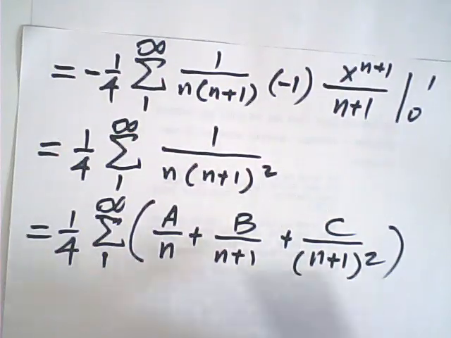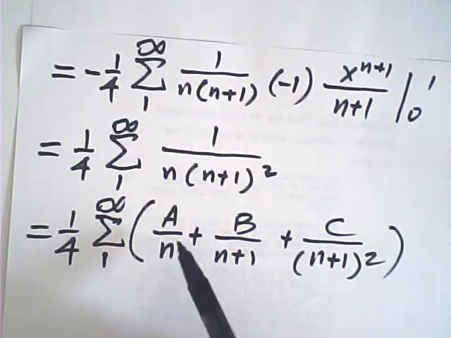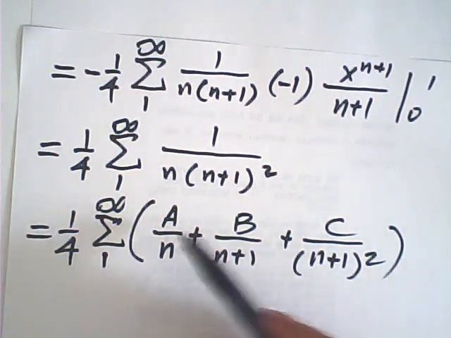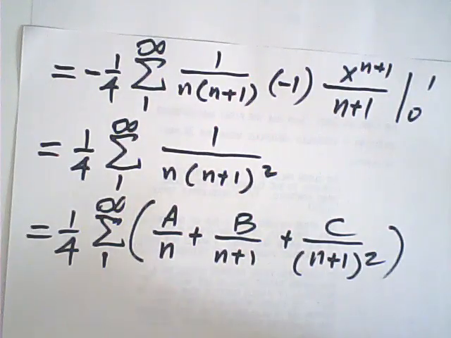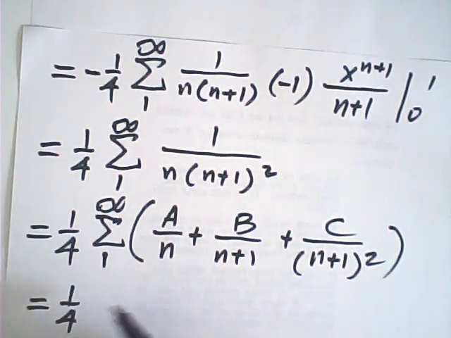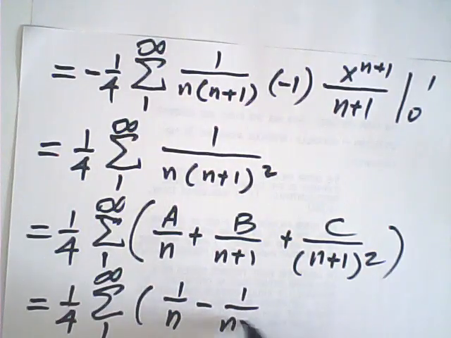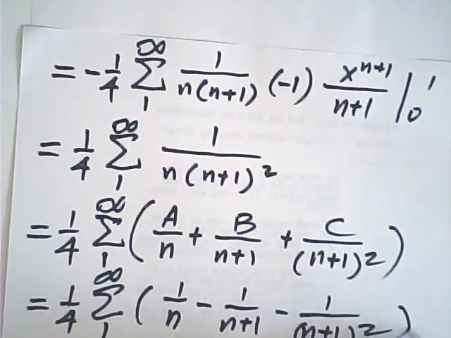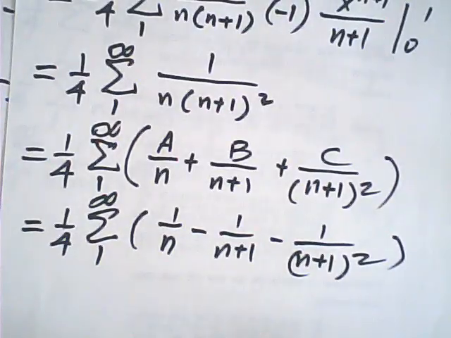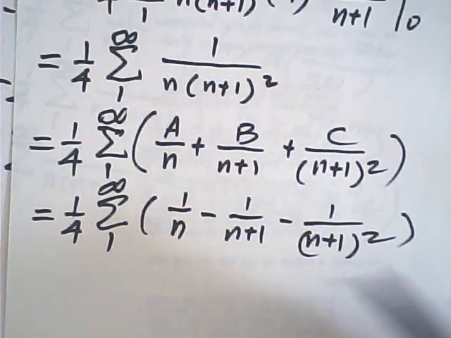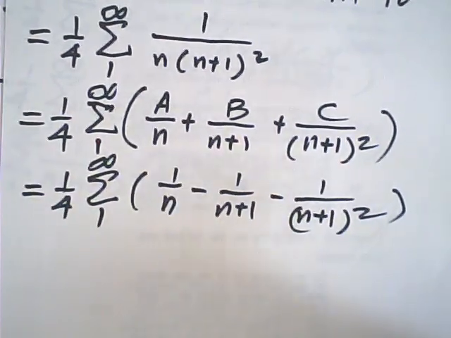Let me skip the determination of A, B, C. I think you know how to find A, B, C. Here A is positive 1, B and C are negative 1. So this one is equal to 1/4 sigma of 1 over n minus 1 over n plus 1 minus 1 over (n plus 1) squared. Excuse me for skipping this, but it's just how the break works.